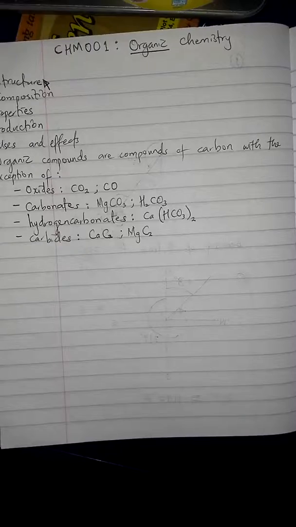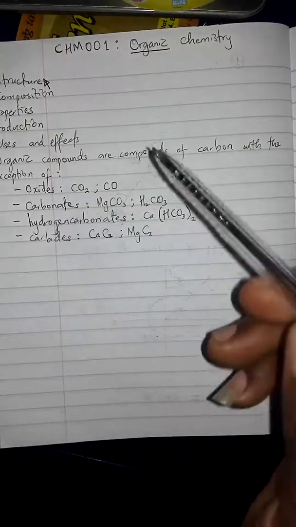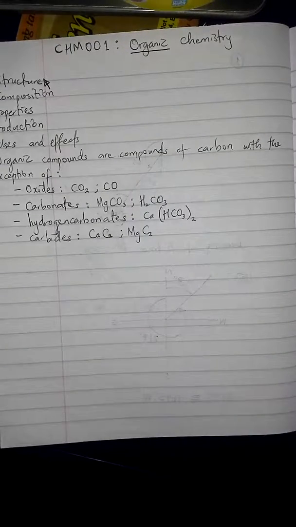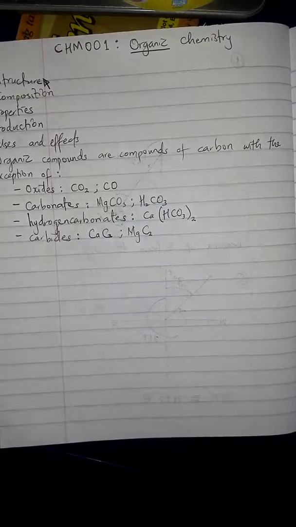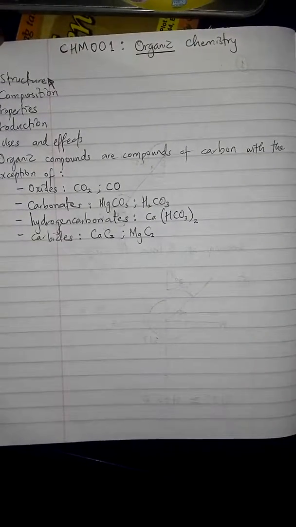Apart from this set of carbon compounds, every other compound of carbon that we're going to be looking at in this topic is an organic compound. So they qualify to be classified as organic compounds.